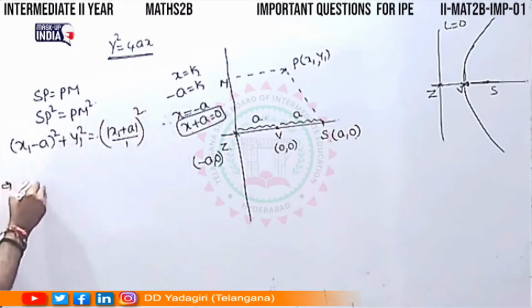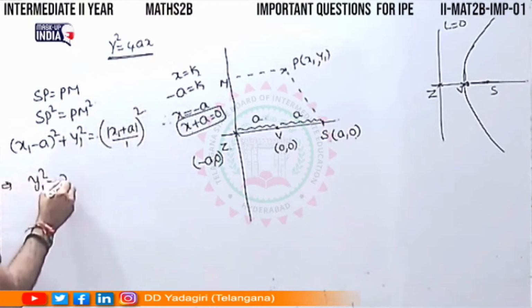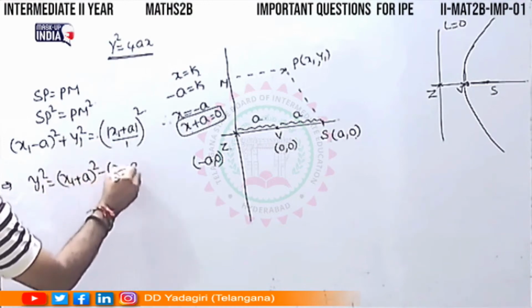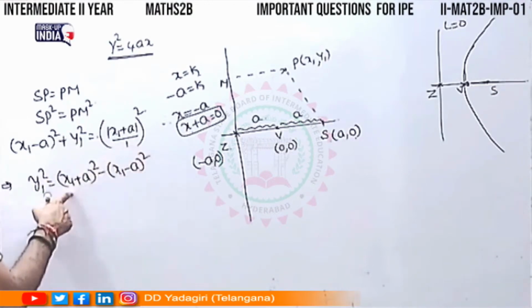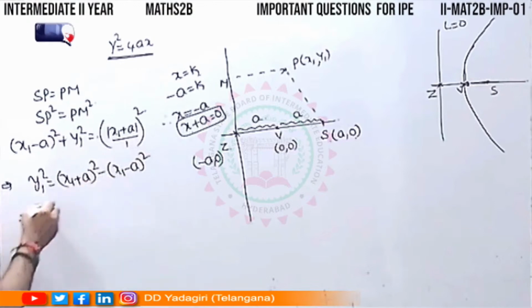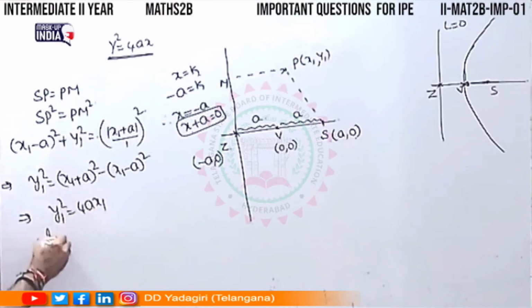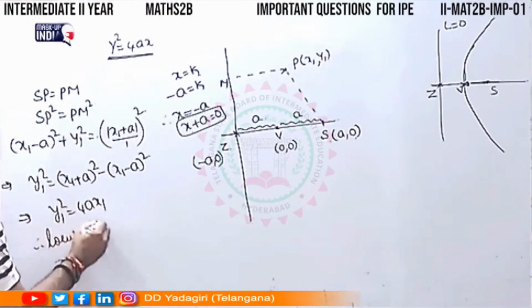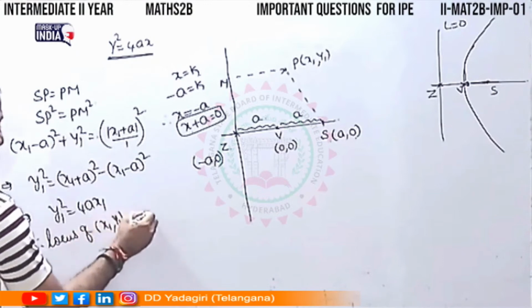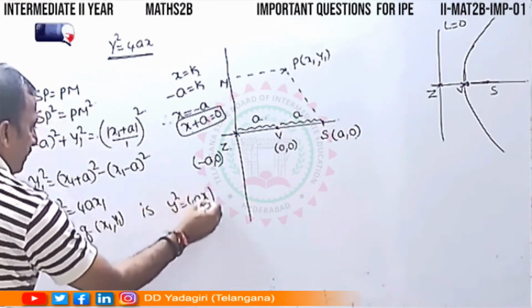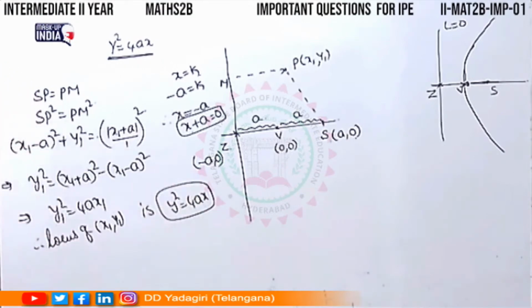That is, y1 square is equal to (x1 plus a) whole square minus (x1 minus a) whole square, which is 4a x1. Therefore, the locus of (x1, y1) is y square is equal to 4ax.